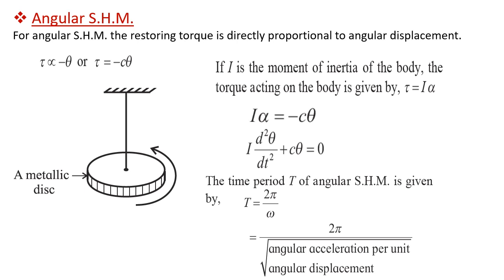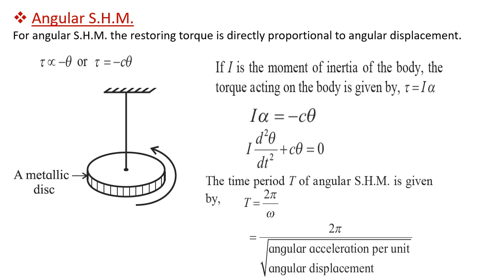Now as I said, what is alpha? Alpha is angular acceleration. So this is as good as writing alpha in terms of angular displacement as d2 theta upon dt square. So we can write the equation as I into d2 theta upon dt square.